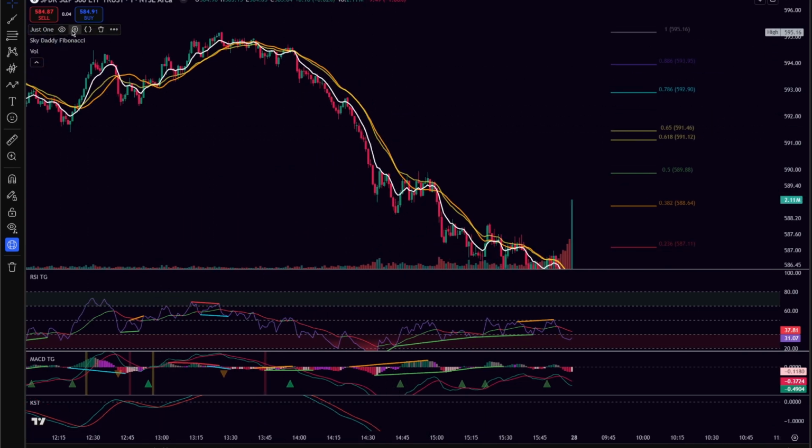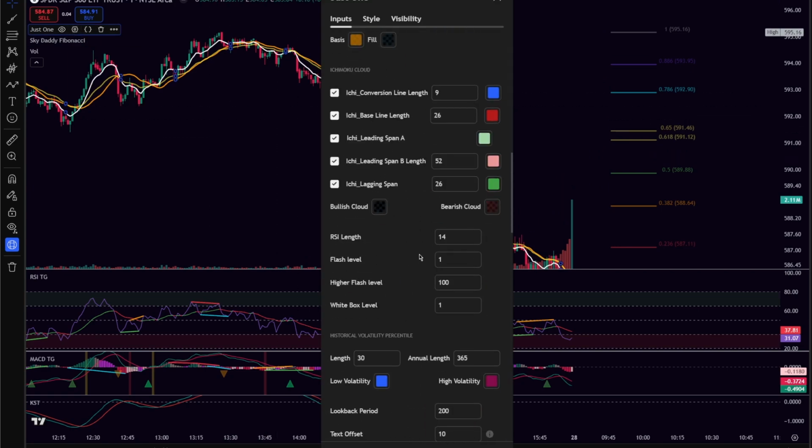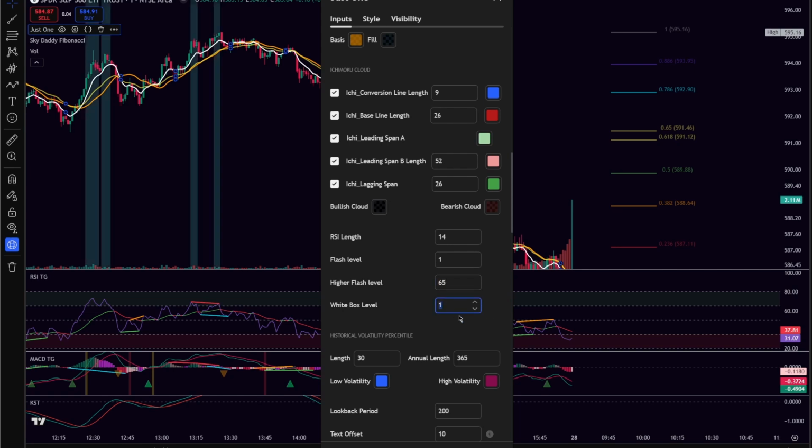It's literally the same indicator, and the only difference was I programmed in the flash levels for the RSI, so I basically had an idea of when the RSI was hitting the 50 range and above the 50 range, and so on. But if you wanted to, you can just use 65, 35, right?